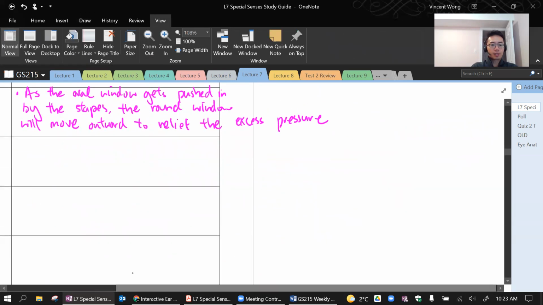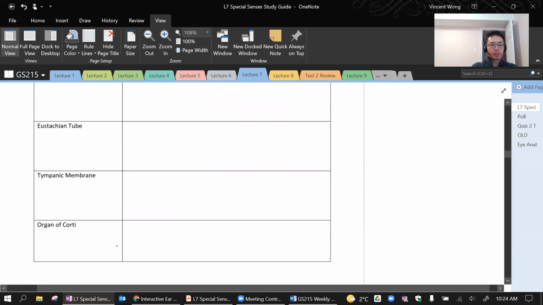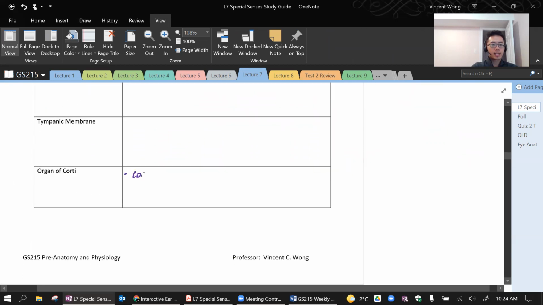I'm just going to skip to the last one here because I just talked about the organ of Corti. It contains hair cells, which are a type of mechanoreceptor.